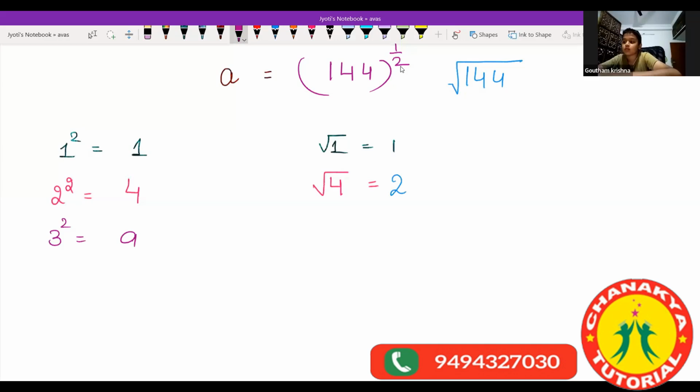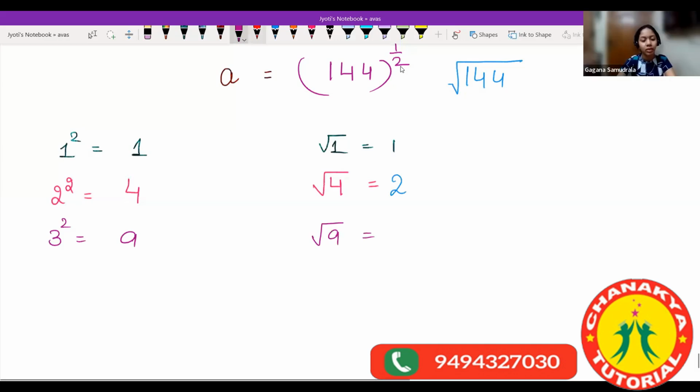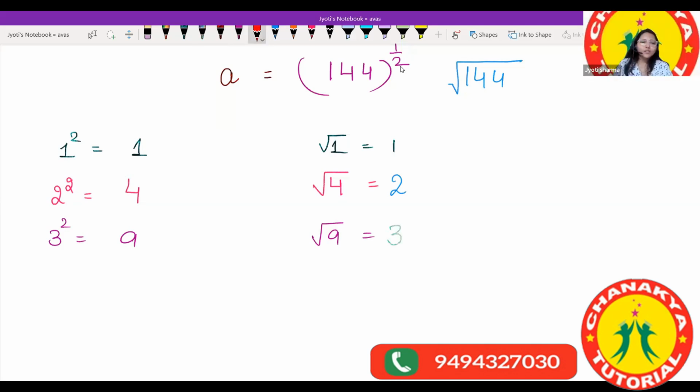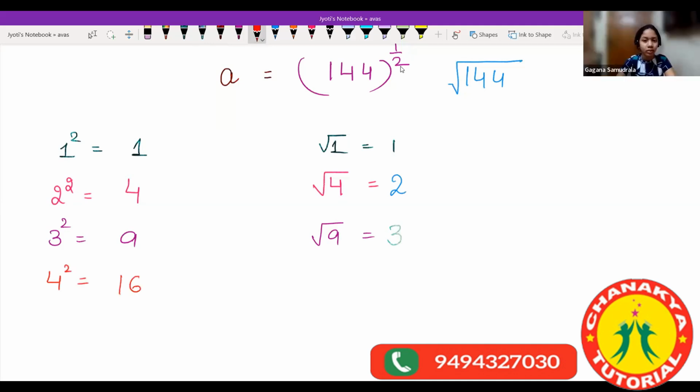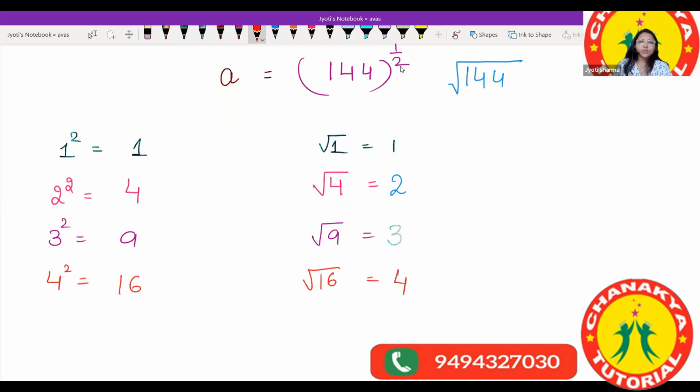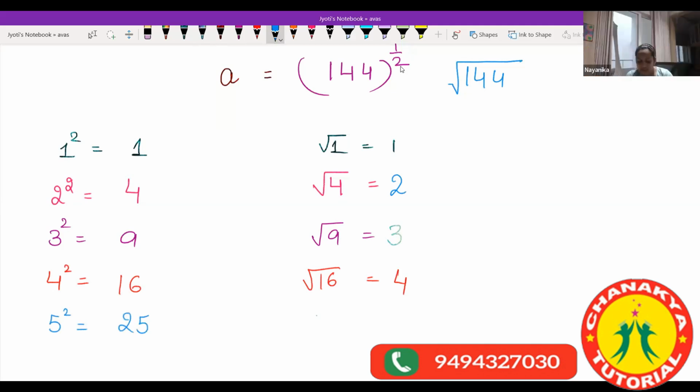What is the square root of 9? 3. What is 4 square? 16. Square root of 16? 4. What is 5 square? 25. What is the square root of 25? 5.